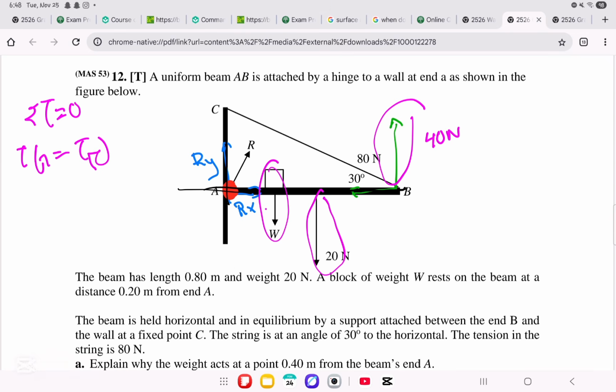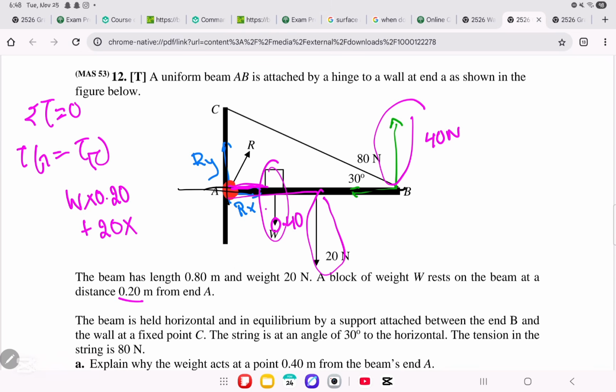So it's going to be the weight of the block multiplied by the distance from W to A. How do I know the distance? They gave it to us in the beginning. It says block W rests on the beam at 0.20 meters, right? So W times 0.20. In addition to what? In addition to the 20 multiplied by the distance, which is how much? Which is 0.40.